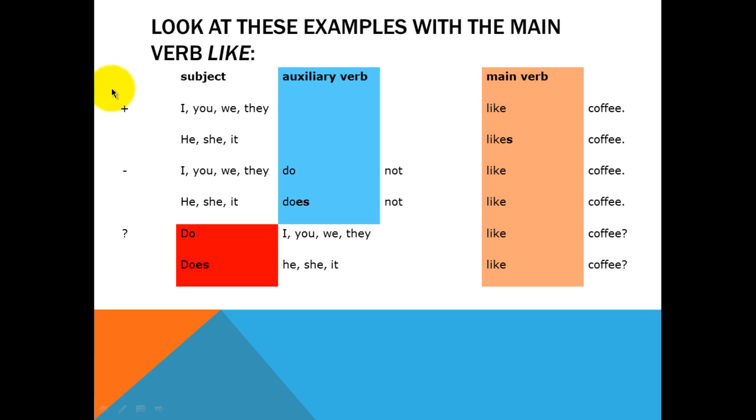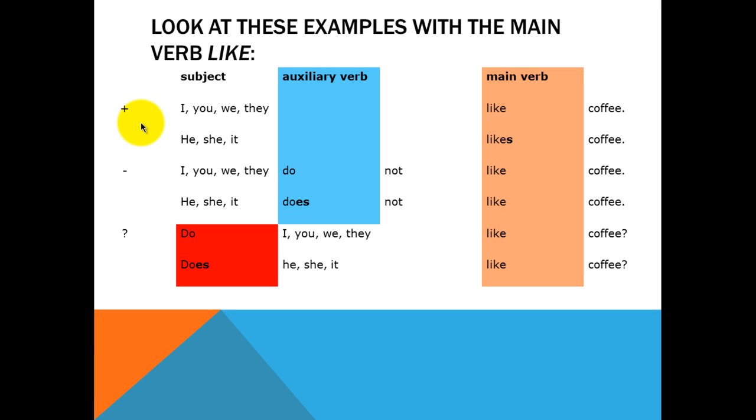Let's look at the affirmatives here. In the subject, we have I, you, we, they. No auxiliary verb. Alright, for affirmatives, no auxiliary verb. So, I like coffee. You like coffee. Alright?